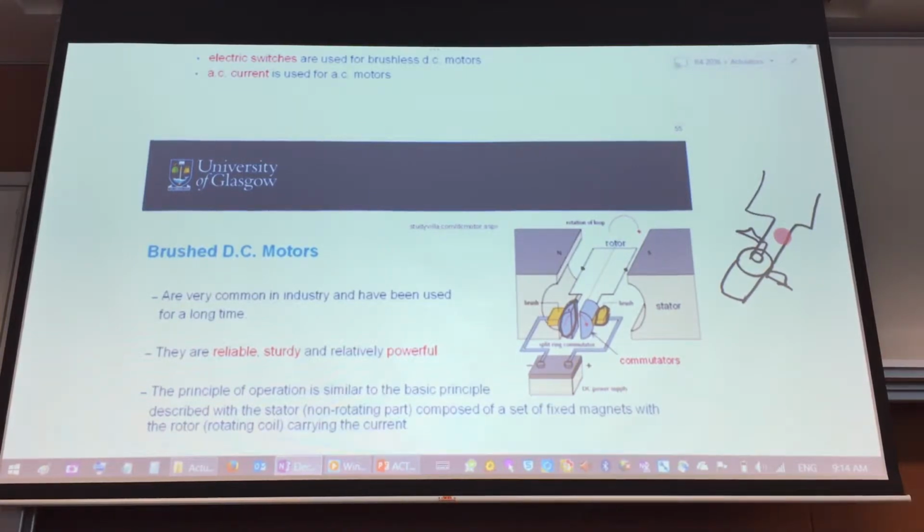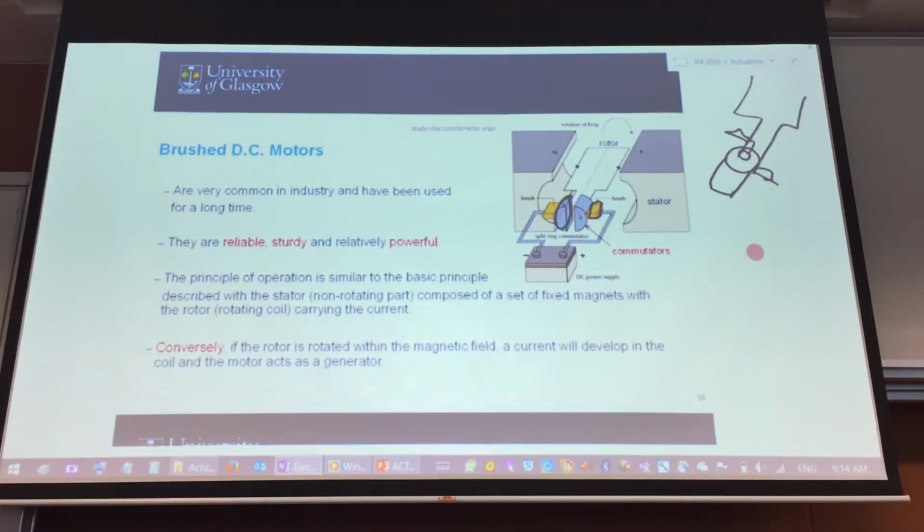So in that case, you wouldn't need to split up your commutator. It's just a different kind of design. It's known as the brushed DC motor, and brushed because there's a brush over here that's made of carbon. They are reliable, sturdy, powerful.